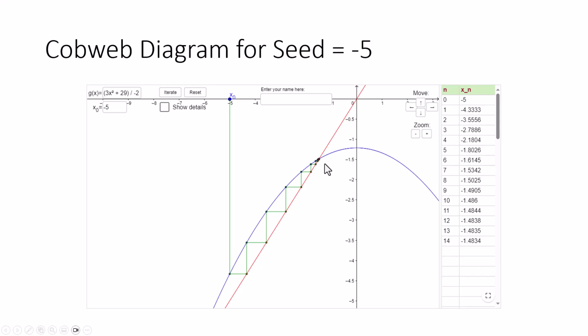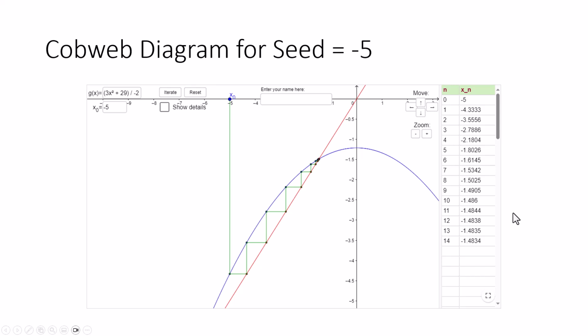Now, negative 5 was actually pretty close to negative 6, if you remember our other answer from our previous slides. But my table is saying that when I started at a guess of negative 5, I'm going to start stepping my way toward negative 1.483, and therefore I'm still converging to that first answer around negative 1.483.